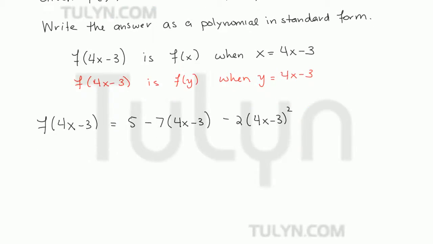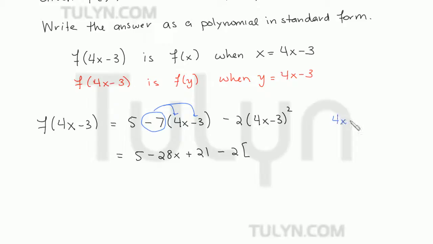Okay, and now we have to simplify this, right? So what I'm going to do is I'm going to distribute this negative 7 into this difference first. So this is going to be 5 minus 28x plus 21, and then minus 2 times 4x minus 3 squared.